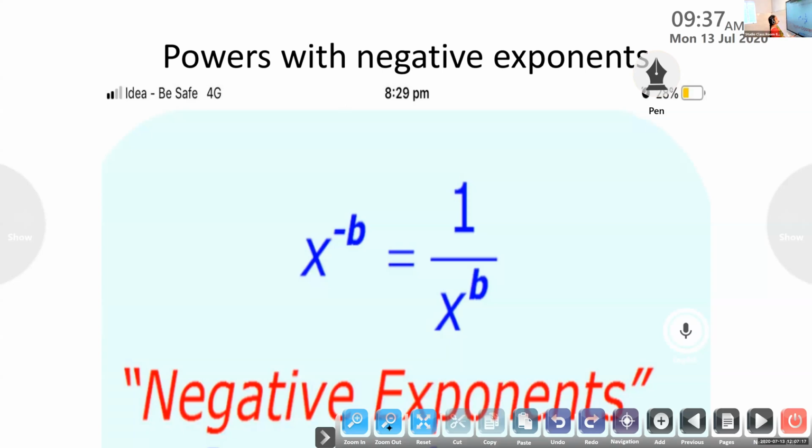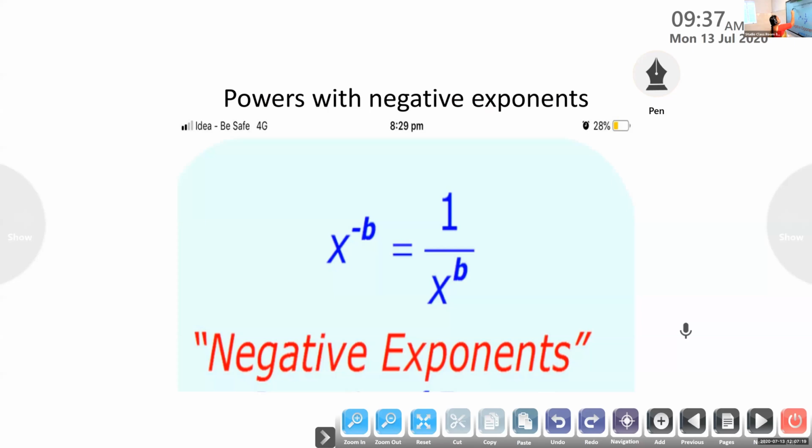Okay, next heading is powers with negative exponents. Write the heading. Powers with negative exponents.